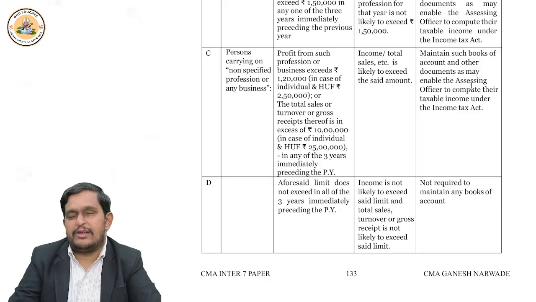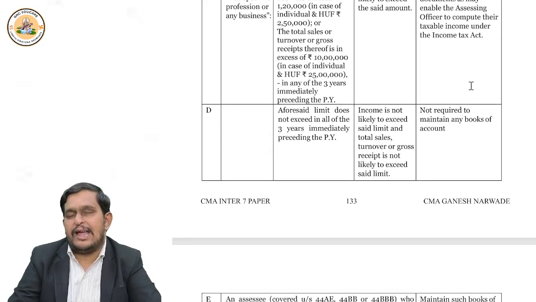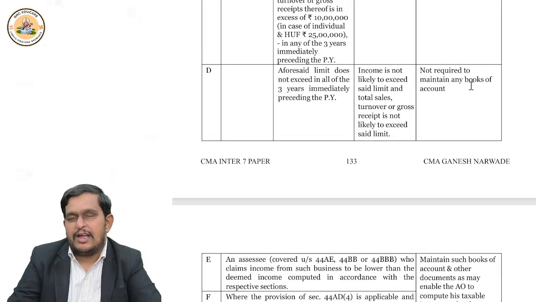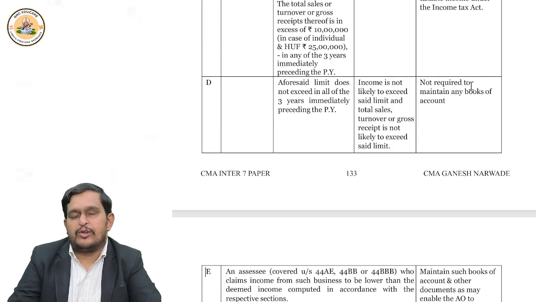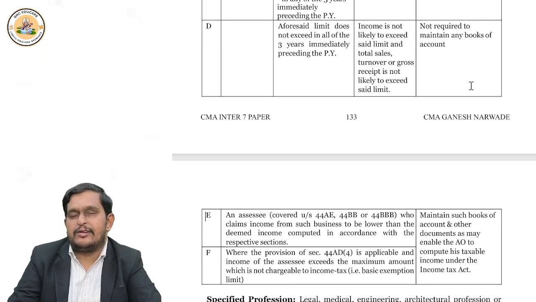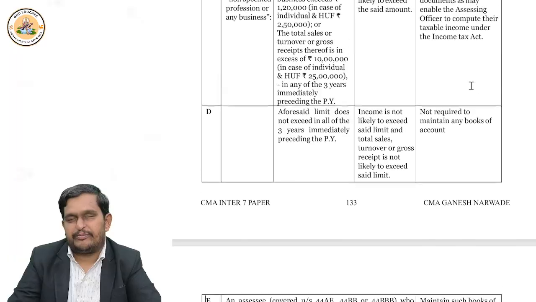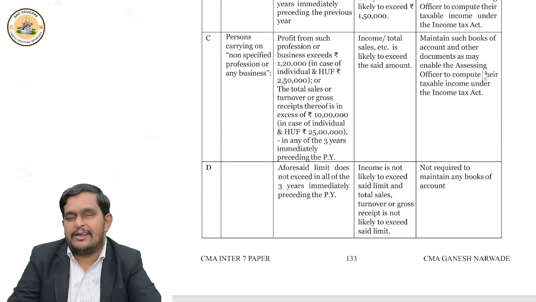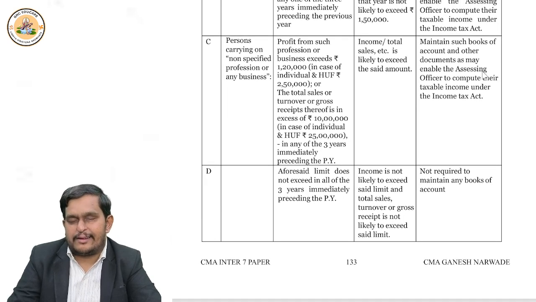But listen carefully. For individual and HUF, the limit of 1,20,000 is increased to 2,50,000 and for individual and HUF, the turnover of 10 lakhs is increased to 25 lakhs. So what did we understand? Suppose you are an individual or HUF, your income doesn't exceed 2,50,000 and your turnover also doesn't exceed 25 lakhs in all the 3 years.